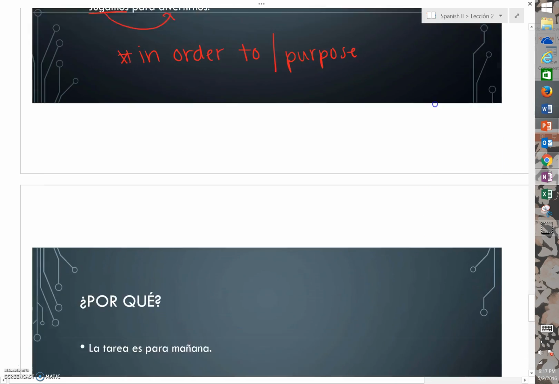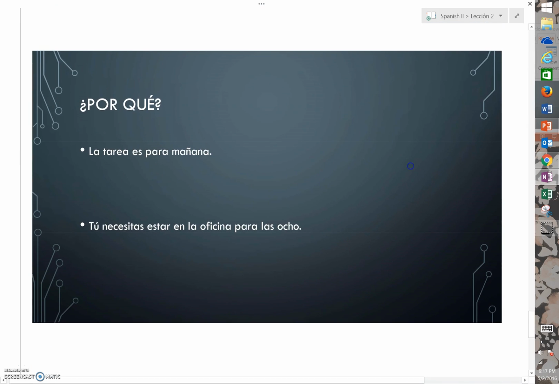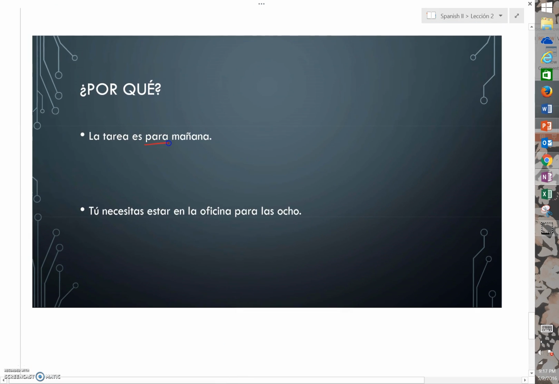We've got one more rule. La tarea es para mañana y tú necesitas estar en la oficina para las 8. What's the rule here? Why is para used in both of these sentences? Our first sentence says the homework is for tomorrow, and the second sentence says you need to be in the office by 8 o'clock.